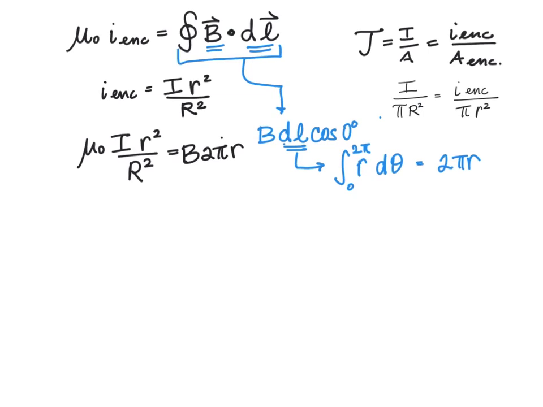And now that means that the magnetic field would be mu naught I r over 2 pi times capital R squared. So this capital R is the radius of my cable, the thick conductor, and that's going to be a constant. The current would be a constant, and so r is the variable.